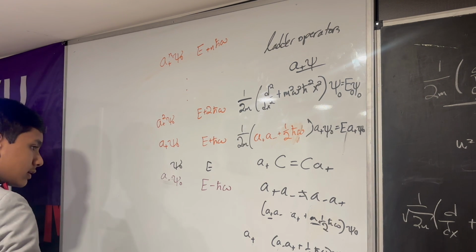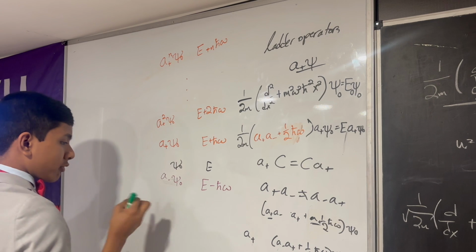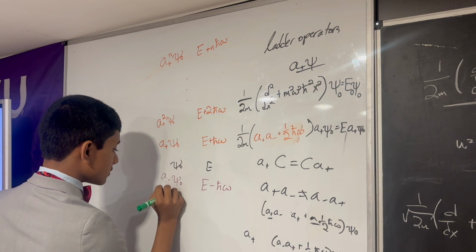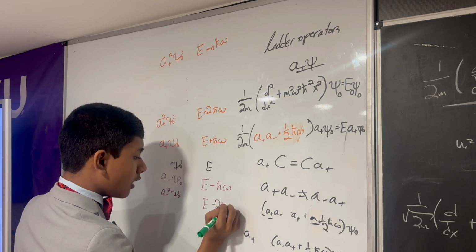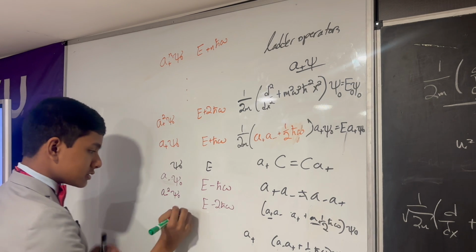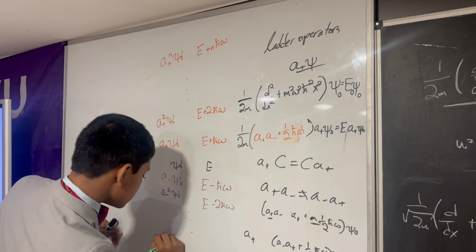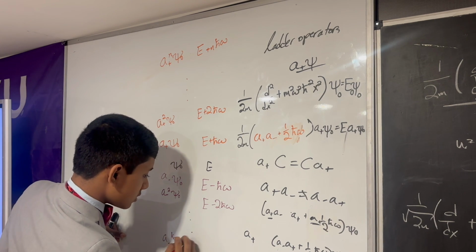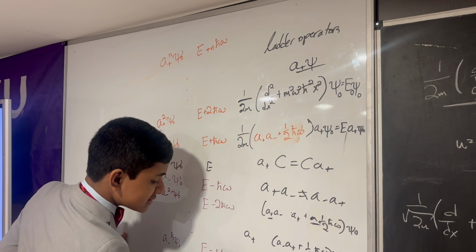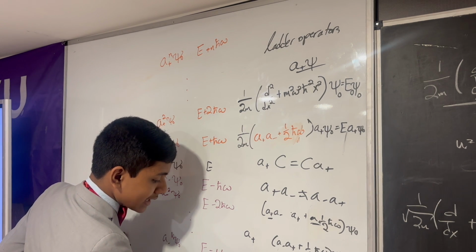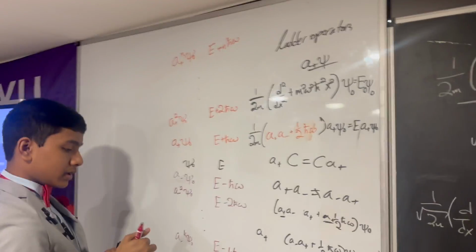Obviously, E is not infinite, which means there's some K in which E minus K h bar omega is less than 0. But that is absurd. That doesn't make any sense. How can it happen?